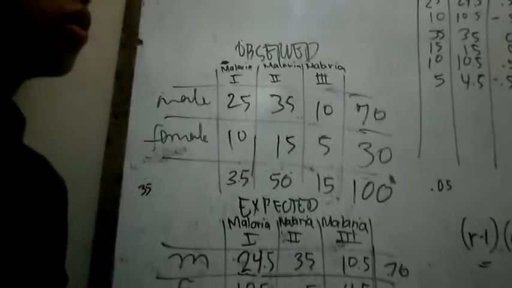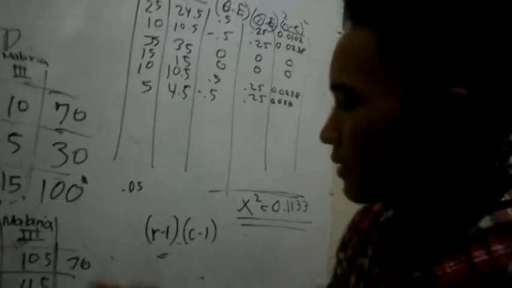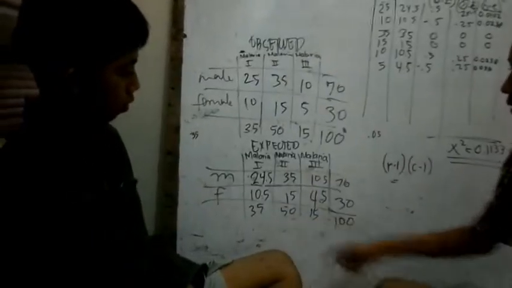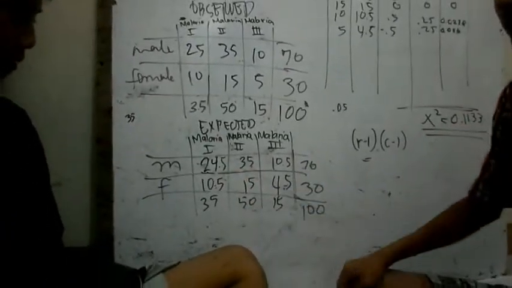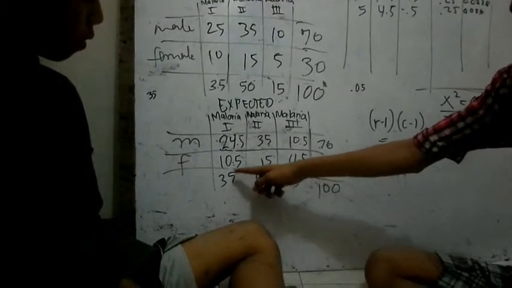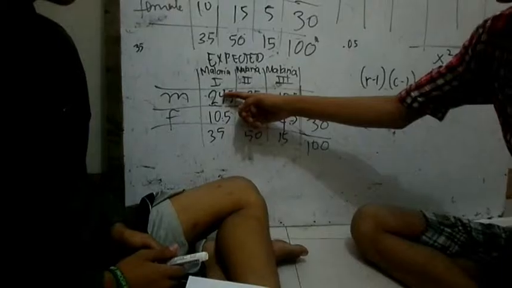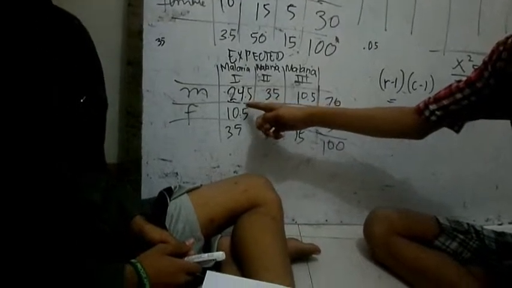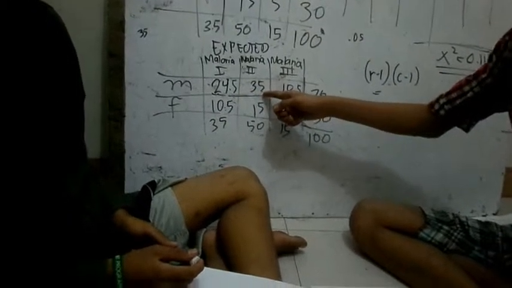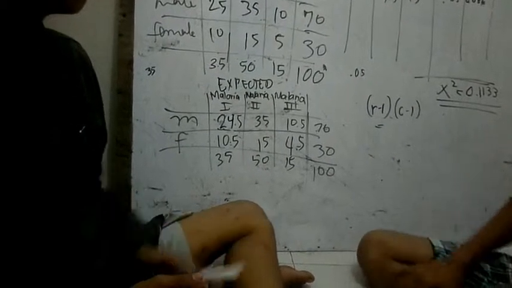For the expected data, all you need to do is 70 times 35 divided by 100, so you will get 24.5. Then 70 times 15 divided by 100 equals 10.5, and so on. If you add 24.5 plus 10.5, it equals 35, and then 24.5 plus 35 plus 10.5, you will get 70.